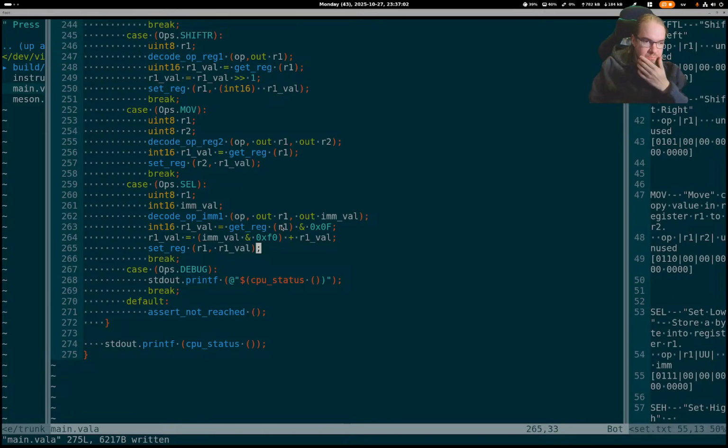I don't really like that we have to use integers instead of unsigned integers, but there shouldn't really be any problem because we're doing bit mechanics here. A bit mangling, I guess.